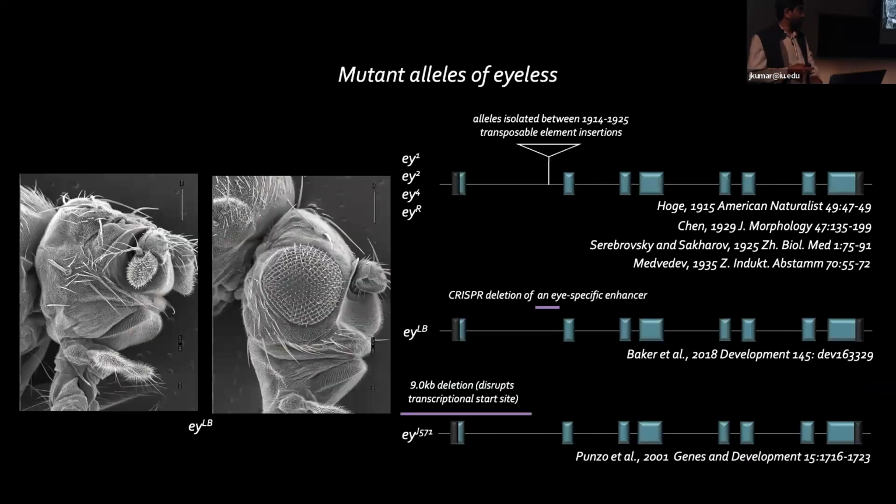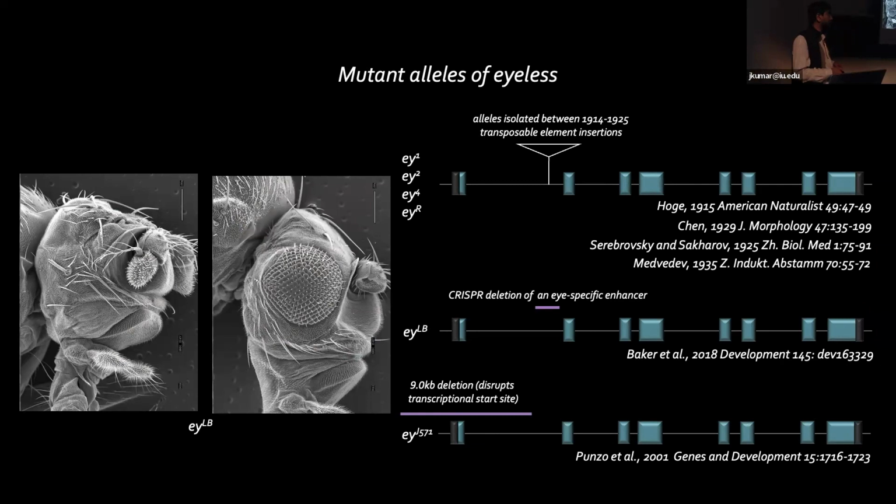In contrast, we have a number of mutants of Eyeless, one of them being a null allele in which you have a 9 kb deletion that takes out the entire transcriptional start site and there's no transcript. There are a number of transposable element insertions into an eye-specific enhancer. We also used CRISPR in a previous paper to delete that enhancer completely.